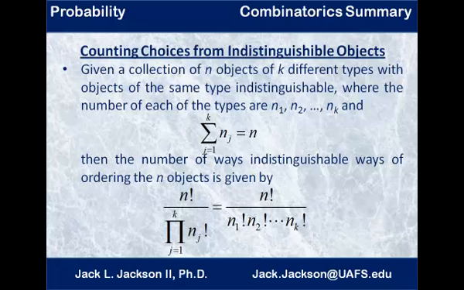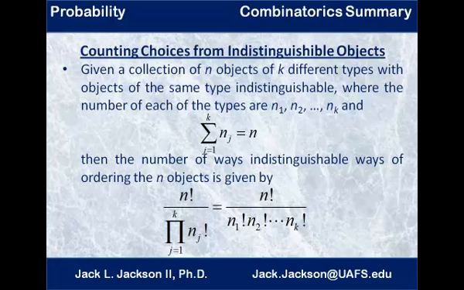Then the number of ways of placing those in order, that should say distinguishable, not indistinguishable ways, the number of distinguishable ways of putting these objects together, some of which are indistinguishable, is given by n factorial over the product from j equals 1 to k of n sub j factorial.